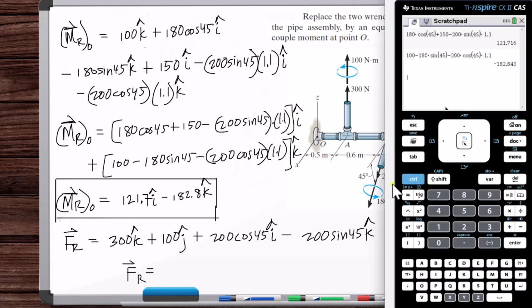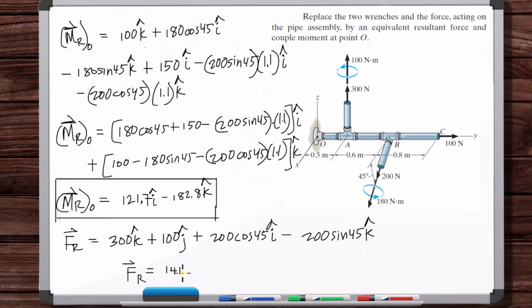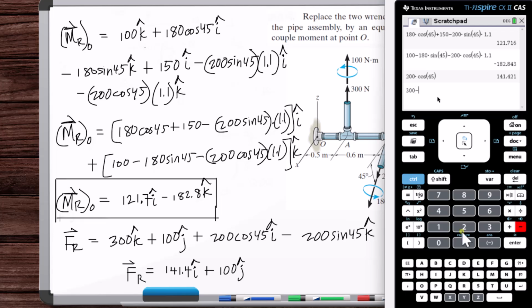So 200 times cosine of 45, 141.4 i hat plus 100 j hat, and then 158.6 k hat.